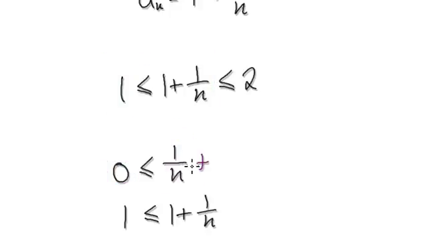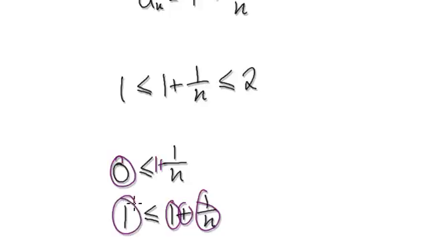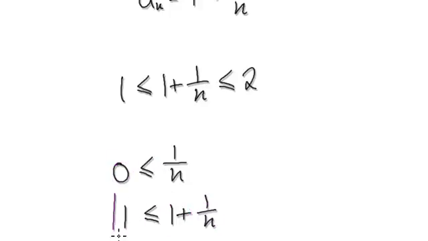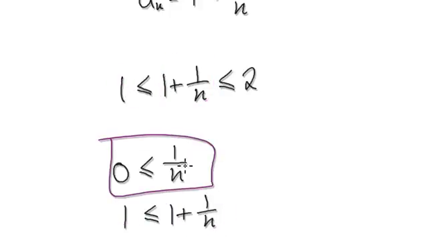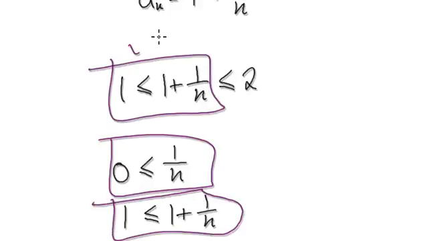So that's 1 plus this thing, and 0 plus 1 on this side. That will then give you this. So we've shown that the sequence itself is bigger or equal to 1. So basically, you start out with this statement, and then you add 1 equally to both sides. So this will be true.